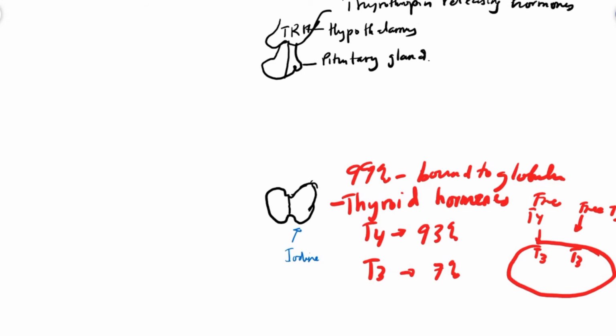The thyrotropin releasing hormone is secreted to the anterior pituitary, which is the frontal portion of the pituitary gland. Thyrotropin releasing hormone stimulates the production of TSH, or thyroid stimulating hormone.